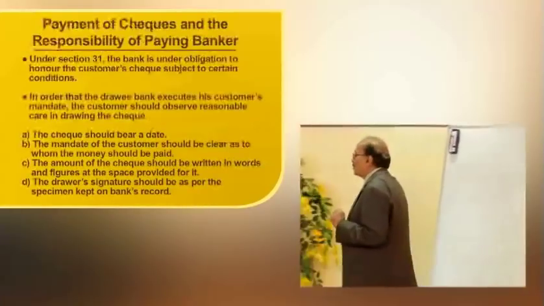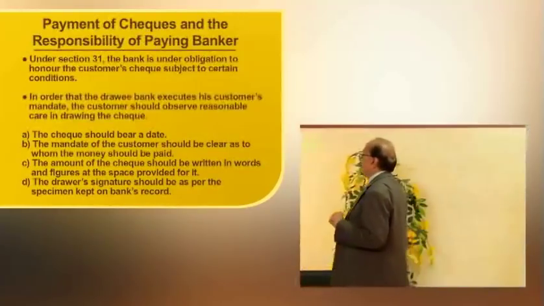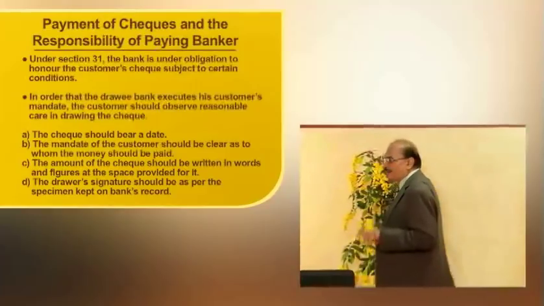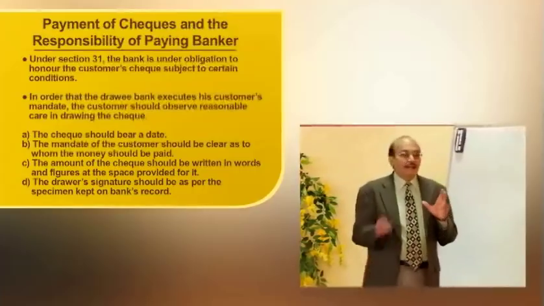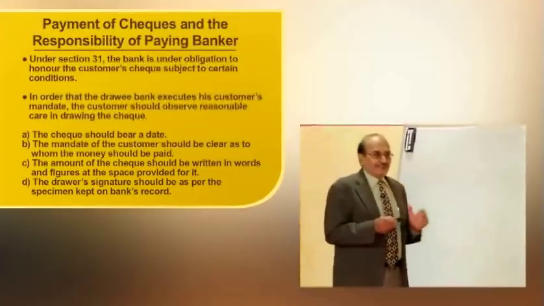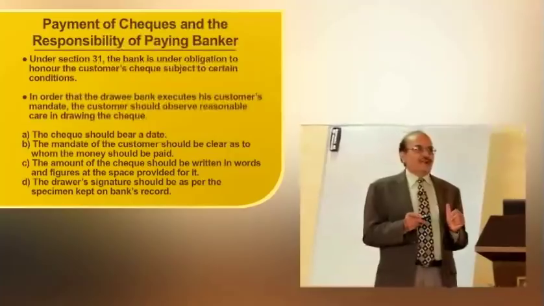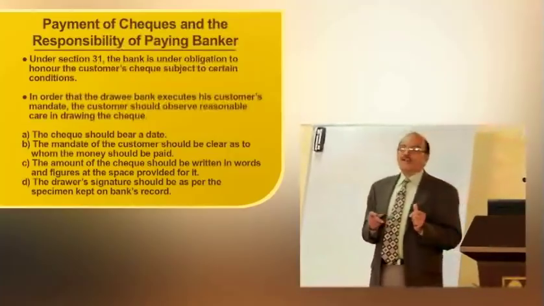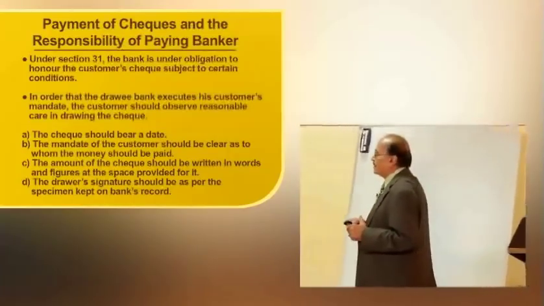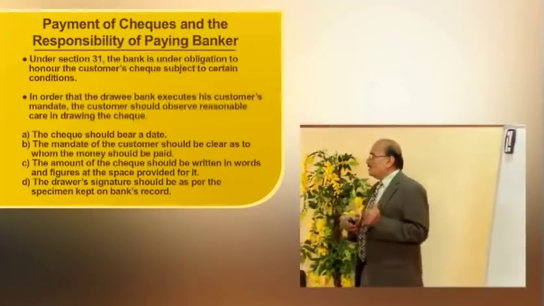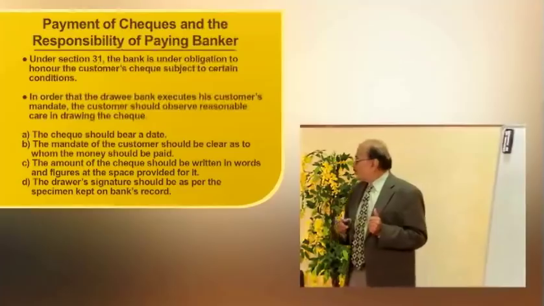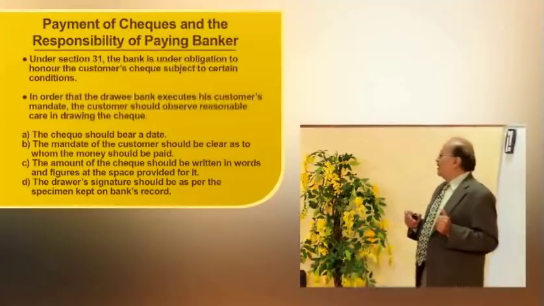Let us now have a look at the responsibilities of a collecting bank. The collecting banker plays a dual role as paying banker and collecting banker. Section 131 of the Negotiable Instruments Act provides for protection to a banker receiving payment of a cheque under certain conditions. The collecting banker should receive payment for a customer.